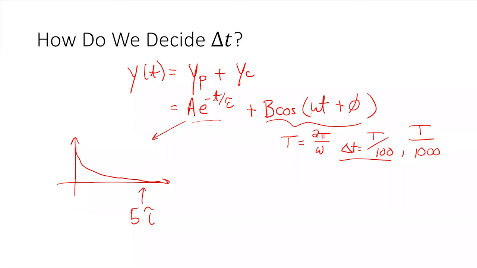I need to figure out what I want to see in my graph. Do I want to see the transient in this thing? Then I have to think about which one is the smallest in time. In other words, which one is the shortest on the x-axis. Okay.